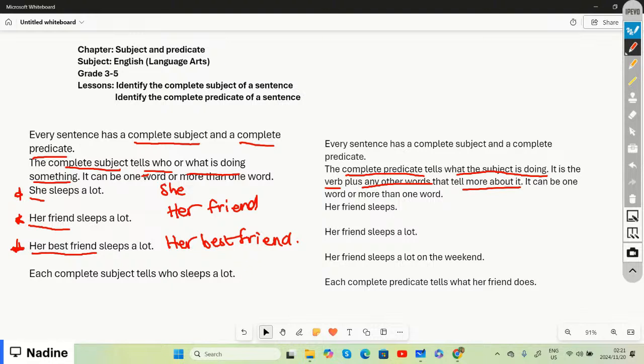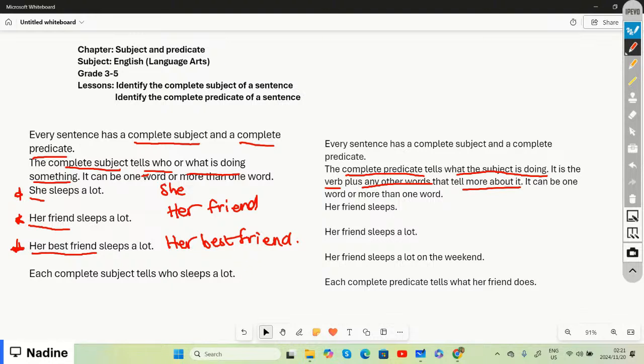And if we look at an example of a completed predicate, it says, her friend sleeps.